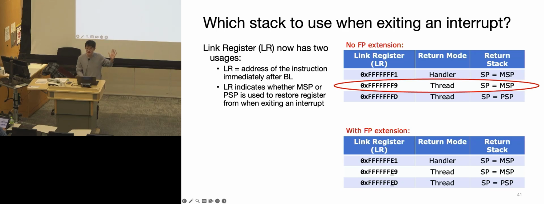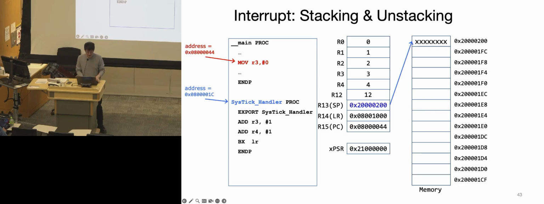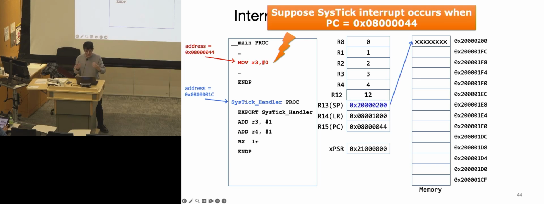All good? Any questions on this? Okay, cool. So let's go through an example here. Let's say we have a program running, and at that point some type of interrupt happens at the program counter at 08000044.